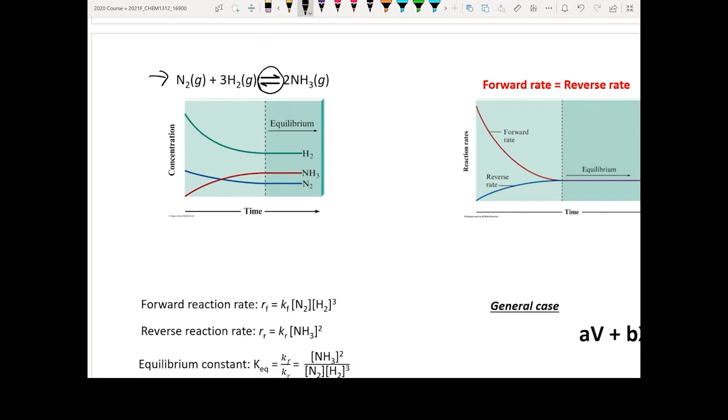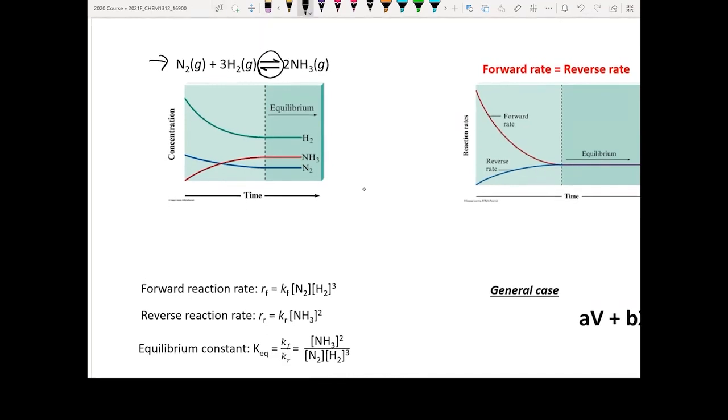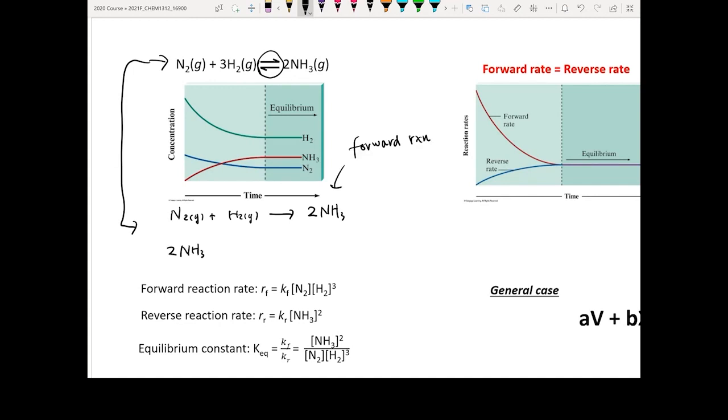You can also write these things separately: N2 in gas form plus H2 in gas form forms 2NH3. We call this the forward reaction. But for your system to reach equilibrium, that means you also have things happening in the reverse direction.